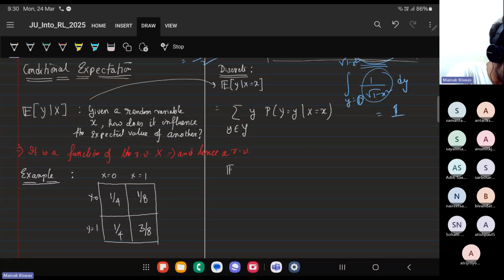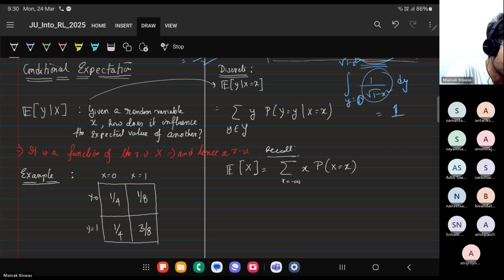Recall that the expected value of a random variable x was the sum of x times its probability, for all values of x from minus infinity to infinity.